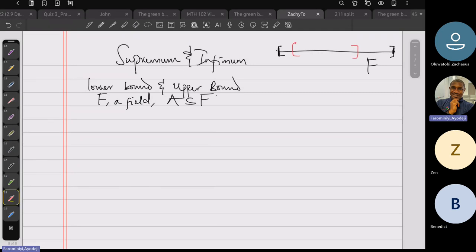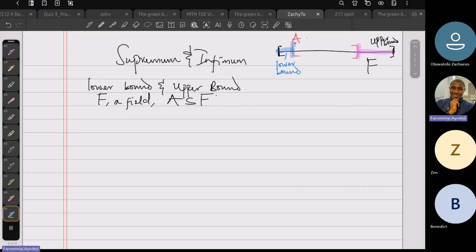So if this is A, then everything from here to here is considered to be the upper bound of A. And everything from here, you can see that I'm including the endpoint, the boundary of A, the endpoint of A. So everything from here to here is considered to be the lower bound of A.